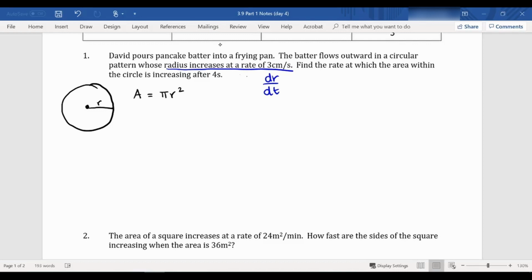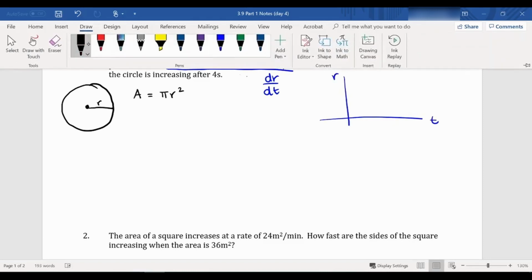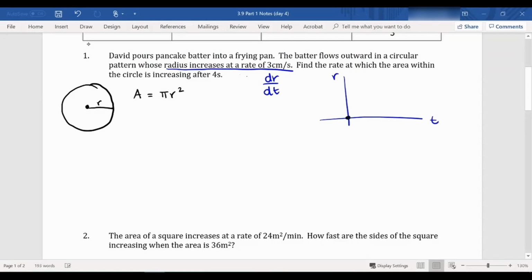So if I were to graph this, the slope of the line would be an r over t value. Don't write this down, but let's say I had a graph with radius on one axis, t on another. If at time zero, my radius is zero, after 1 second, my radius increased at a rate of 3 centimeters per second.